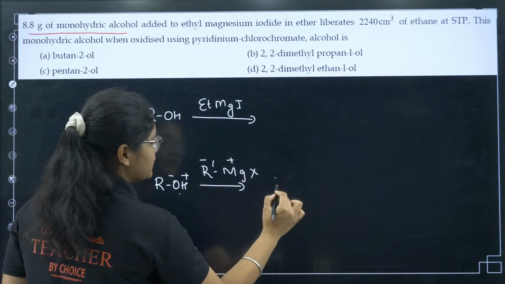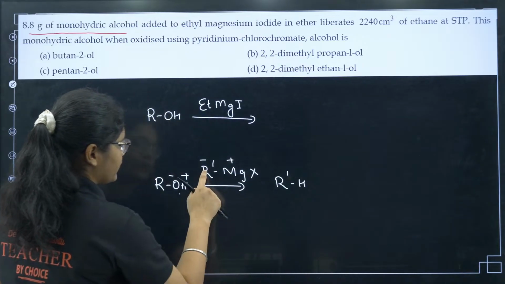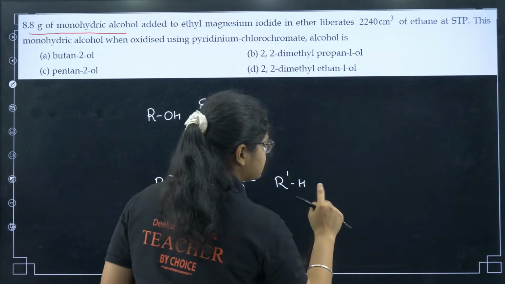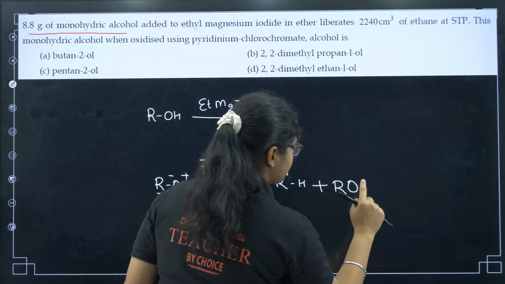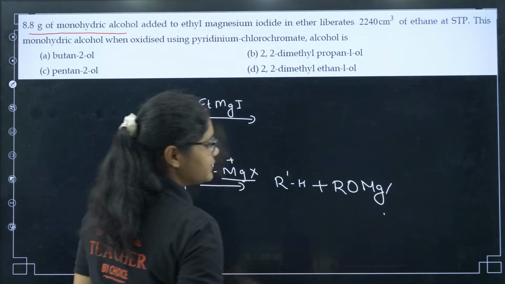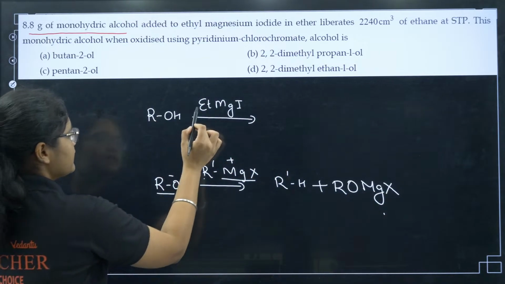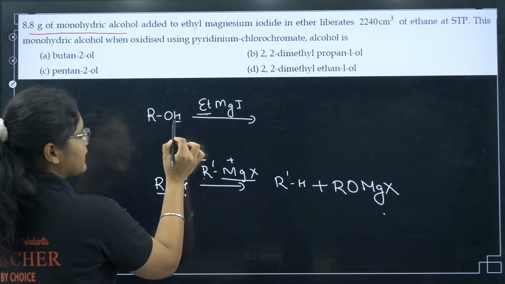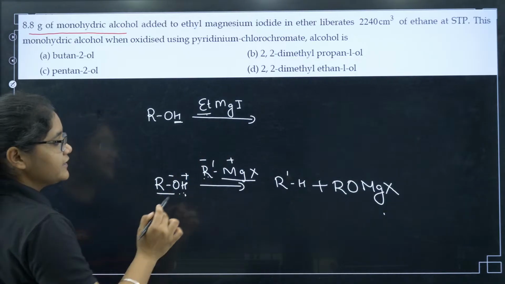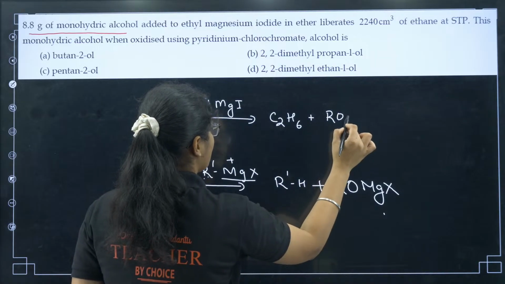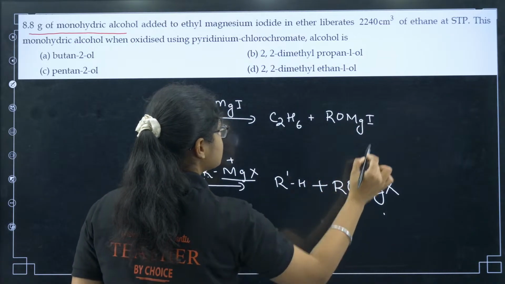So what will be the product here? R'H, R' will take this H, and ROMgX. This will be the product for any Grignard reaction. Now if I see this one, this Et will take this H, so I will get ethane plus ROMgI.